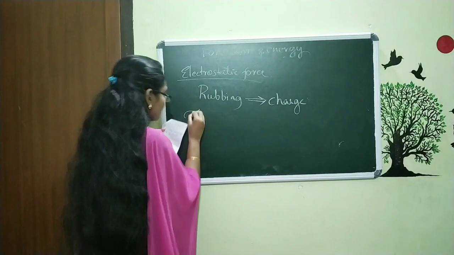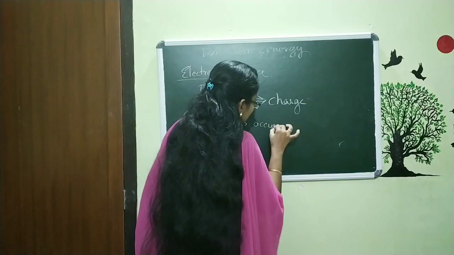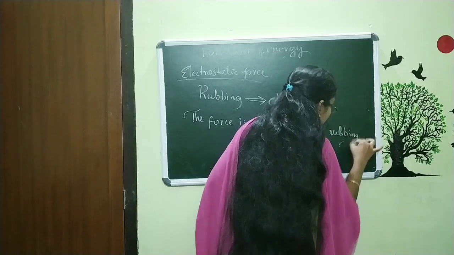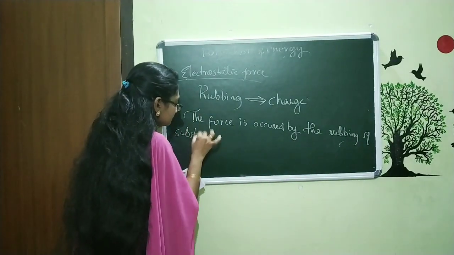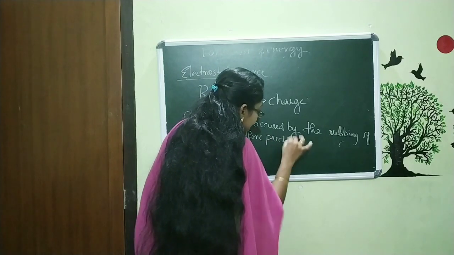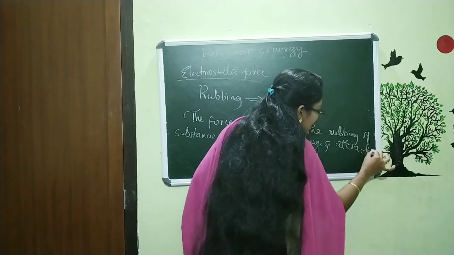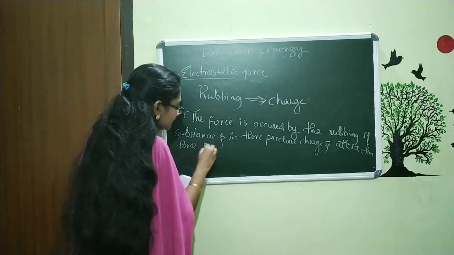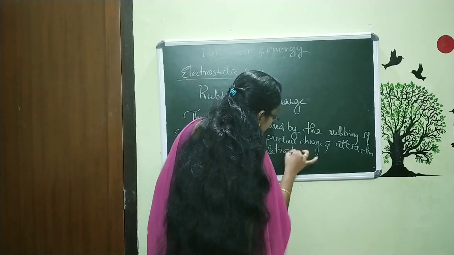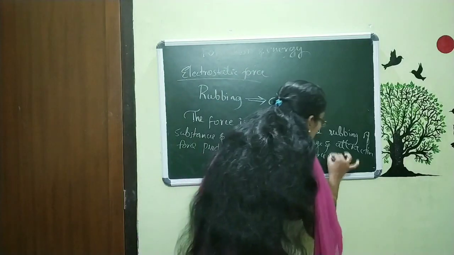So we can define it like this. The force that occurs by the rubbing of substances, so they produce charge, and the attractive force produced is called electrostatic force, or electrostatic force of attraction.